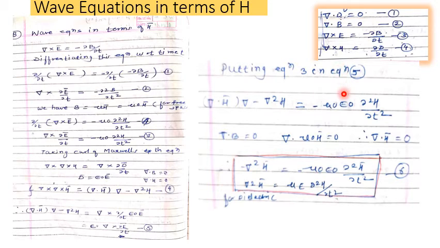Then next putting equation 3 in equation 5, we will get del (del dot H) minus del square H is equal to minus mu 0 epsilon 0 del 2 H by del t square.